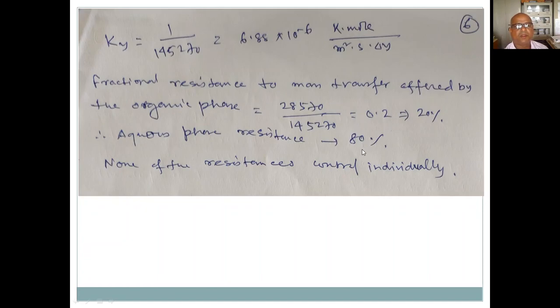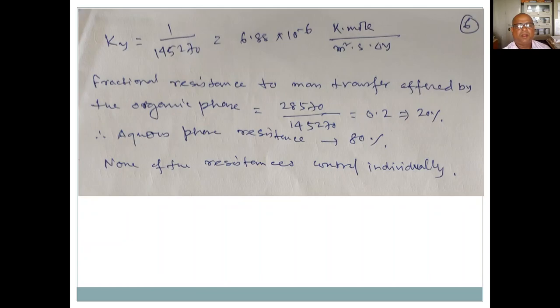So if the aqueous phase resistance is high, and I want to facilitate the flux from the aqueous phase to the organic phase, I should stir the aqueous phase, not the organic phase, because the maximum resistance is coming from the aqueous phase.